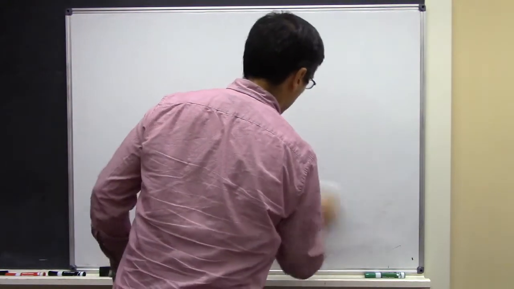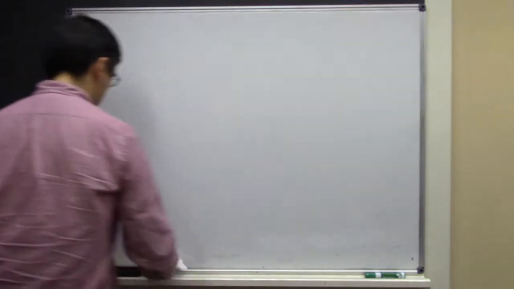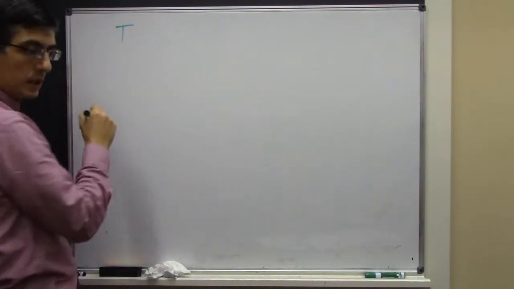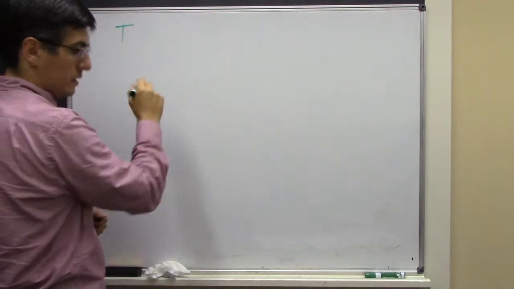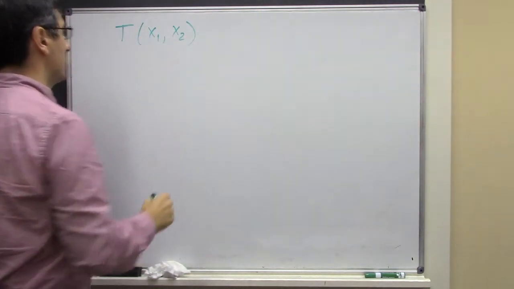One notational remark: sometimes linear transformations are not written in terms of columns, but you might get something like this. T(x1, x2) is written as a function.